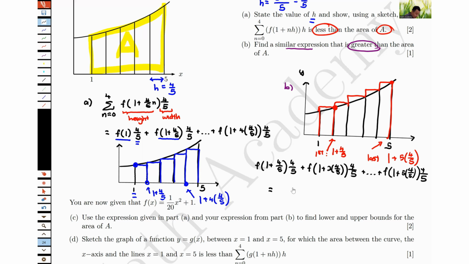And we write it out as a sum now. The change or the incrementing value is at the coefficient. That coefficient runs from 1, 2, and then we go all the way to 5. So your limits are now going to be n is 1 to 5. f(1 plus 4/5 n) times 4/5.